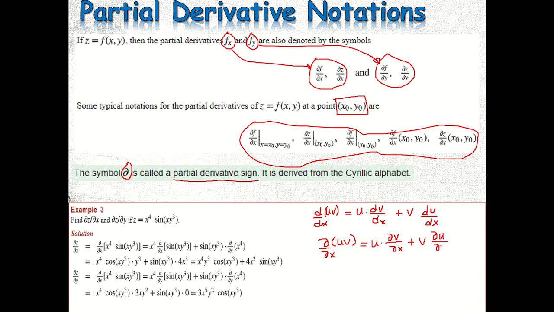Okay, then apply what you have learned in the rules of differentiation.